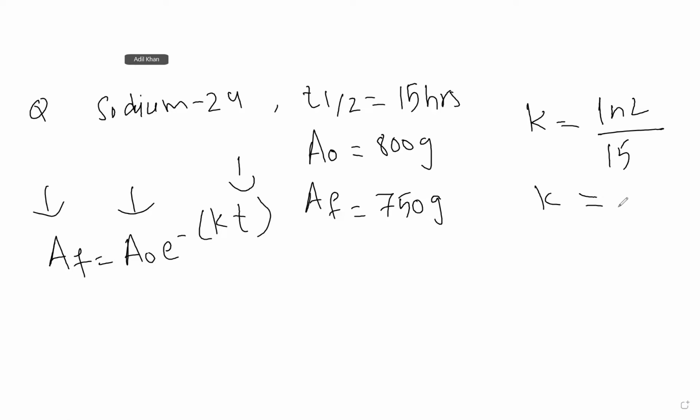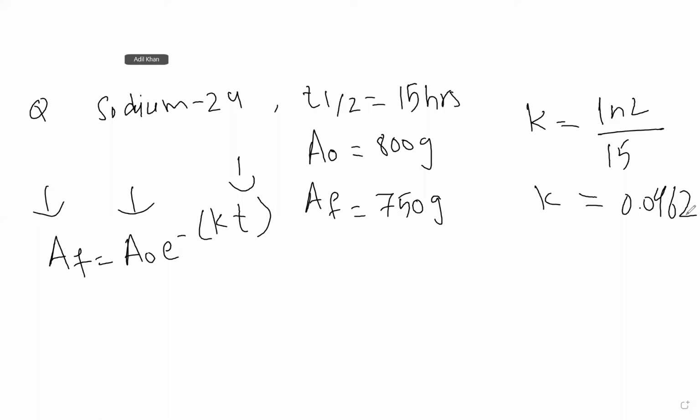So we get k as 0.693 divided by 15, which is about 0.0462.